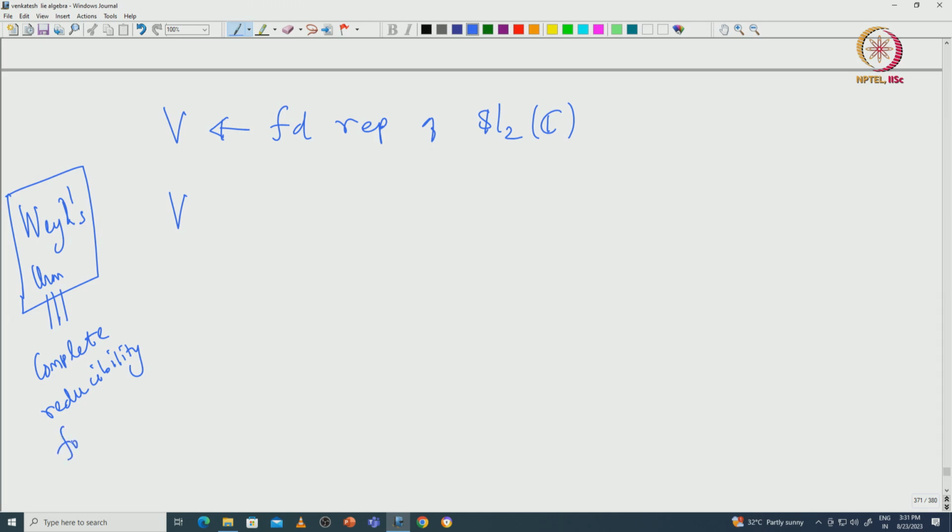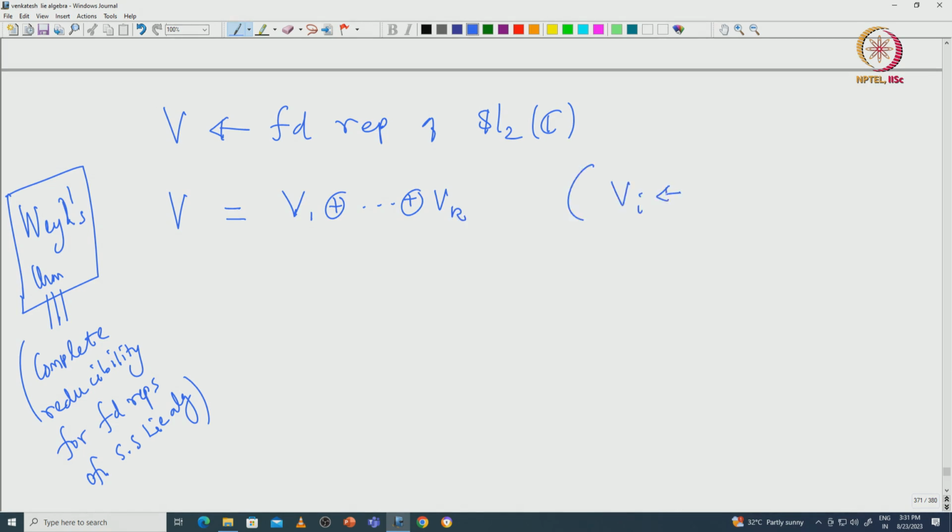So, using Weyl's theorem, which is the same as complete reducibility for finite dimensional representations of more generally semi-simple Lie algebras, but here for SL2C we can also restrict. So, this V can be written as a direct sum of irreducible representations. Of course, some of the Vi's can be isomorphic. These Vi's are all irreducible finite dimensional representations of SL2C.